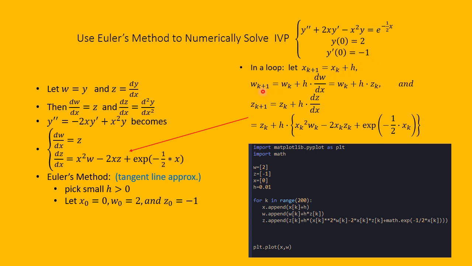Let's look at w sub k plus 1. W, remember, is equal to y. And so we're going to do about the same thing that we did in the tangent method. W sub k plus 1 equals w sub k plus h times the derivative of w with respect to x. But wait a minute. The derivative of w with respect to x is just z, isn't it? Okay.